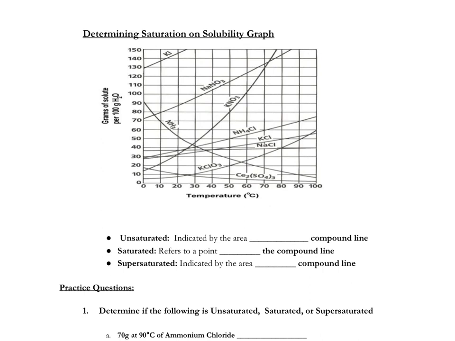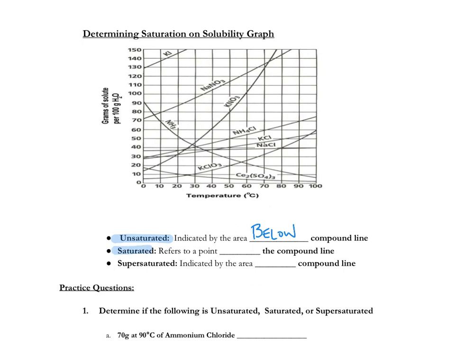All right, so an unsaturated portion of the graph is indicated by the area below the line, meaning I can still dissolve more solute into that solution.